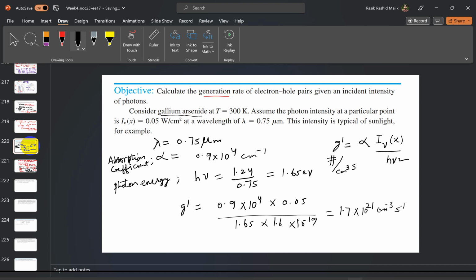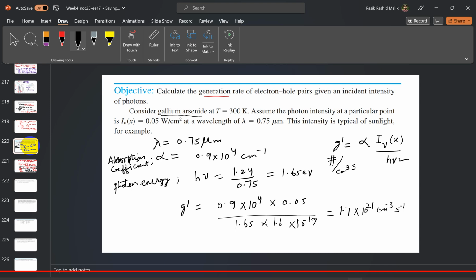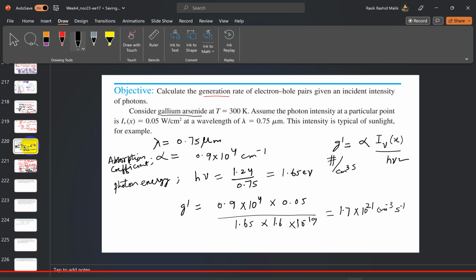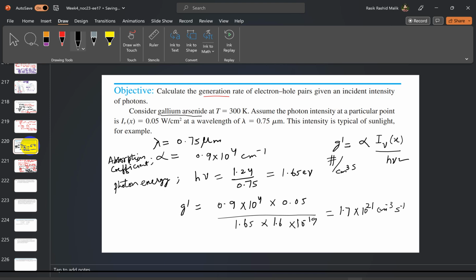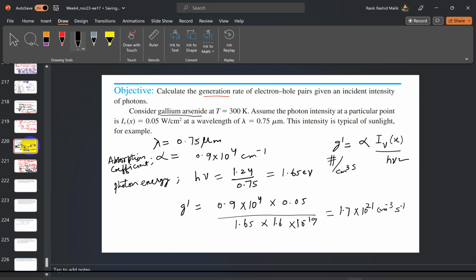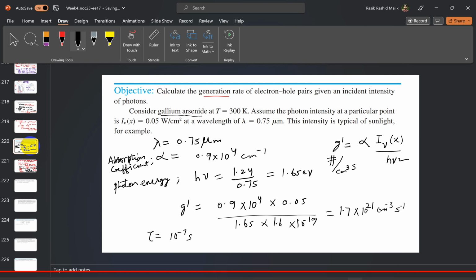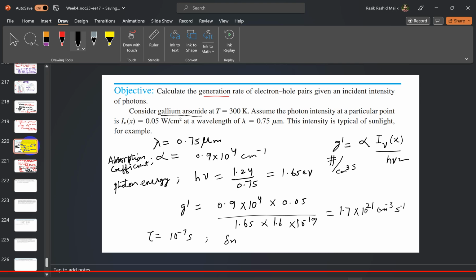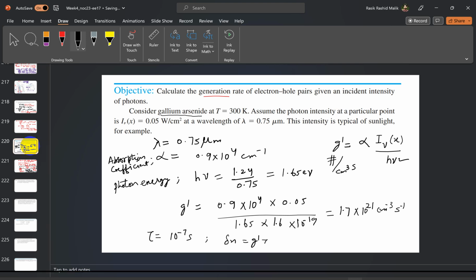So this is the generation rate, and if the incident photon intensity is already in the steady state, then we can also calculate the excess carriers, the minority excess carriers. Say if we assume that the excess carrier lifetime tau is 10 to the power minus 7 seconds, which is the typical value of the recombination time, then delta n, the excess carriers, will be simply the generation rate times tau.